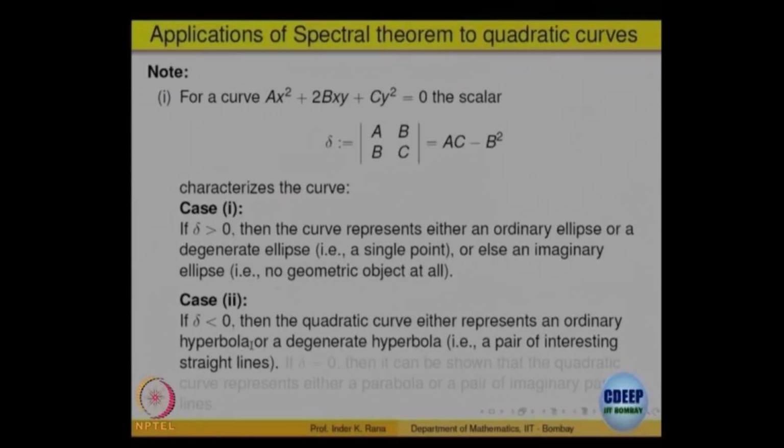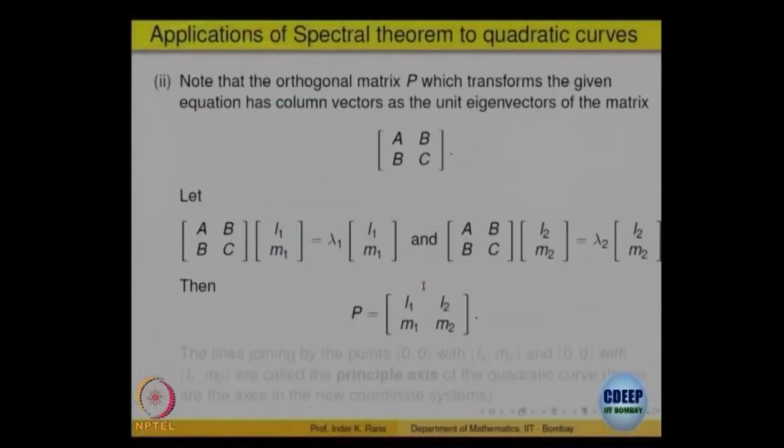That is not really important from this point of view, but that becomes important once one studies what is called differential geometry, where you study curves and surfaces, and how you characterize surfaces and so on. And you can find out, if there are 2 eigenvectors, let us say the first eigenvector is L1 M1, the second eigenvector is L2 M2.